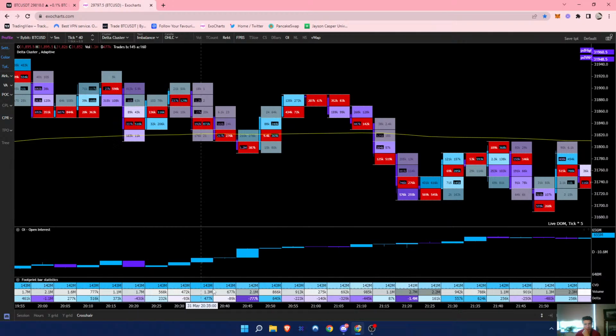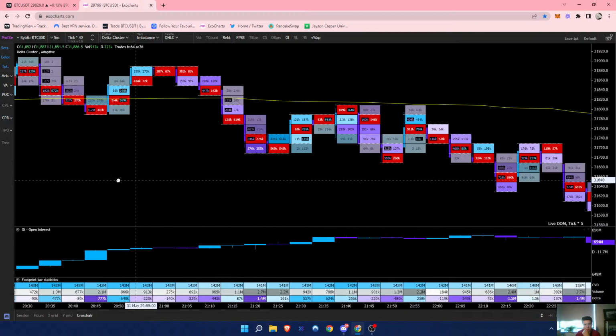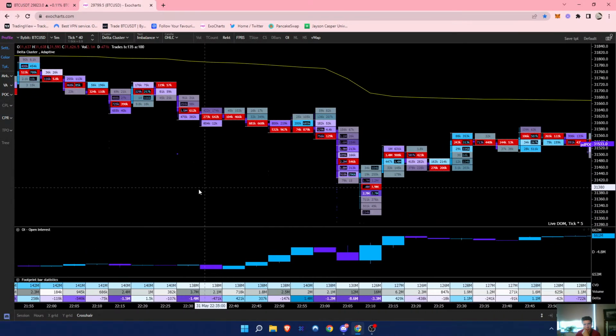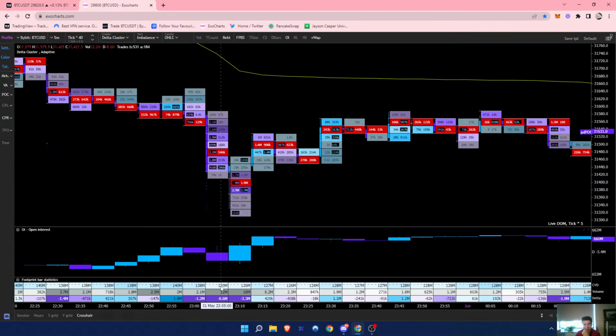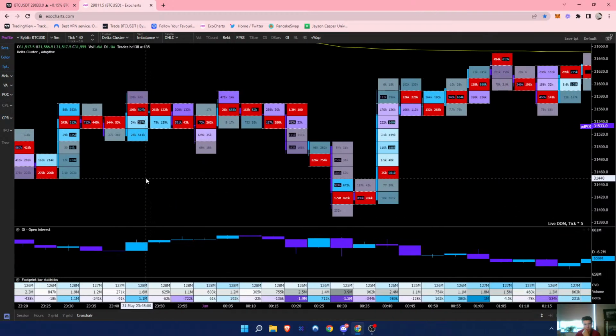Then we kind of make our way down. Over time you see volume increasing, delta decreasing, more and more. Then here you can see kind of people taking profits, longs getting liquidated.